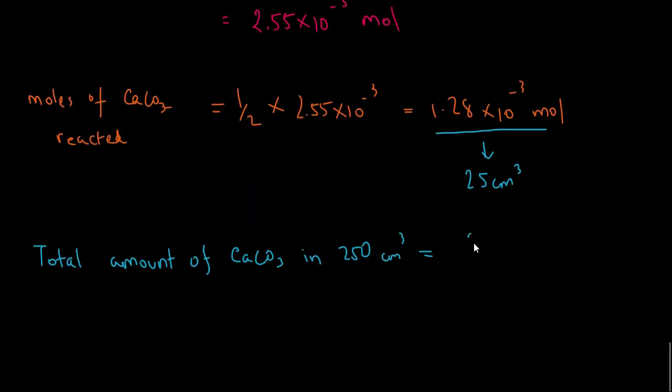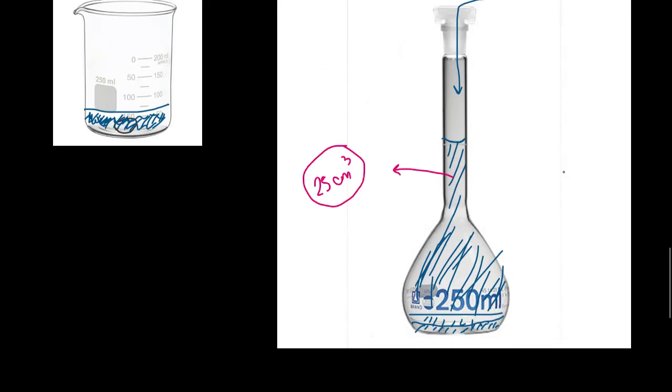That's because 250 divided by 25, this is 10, times the amount that's present in 25 cm cube. So that's that. So this is the total amount that's present. So it's going to be 1.28 times 10 to the power minus 2 moles. That's the total calcium carbonate. So think about it. That's the amount of calcium carbonate in 250 cm cube of the solution.